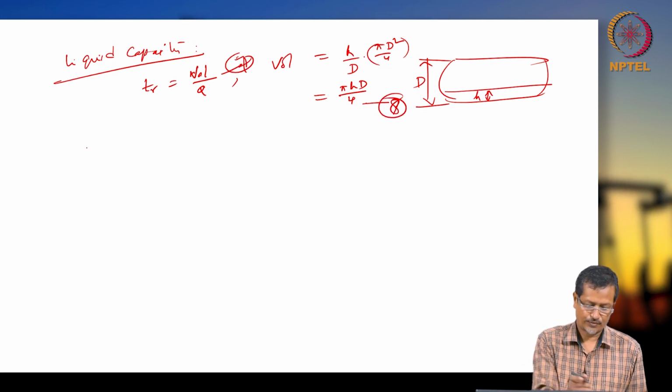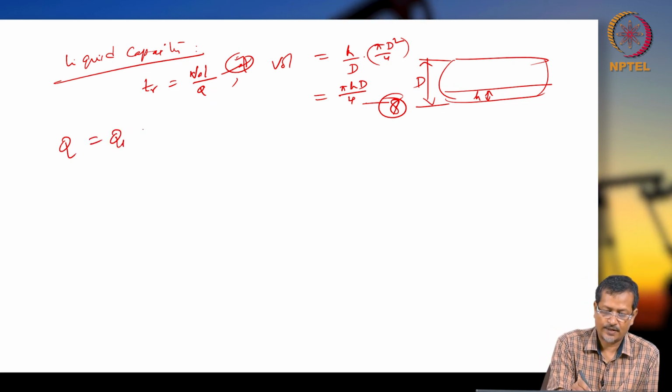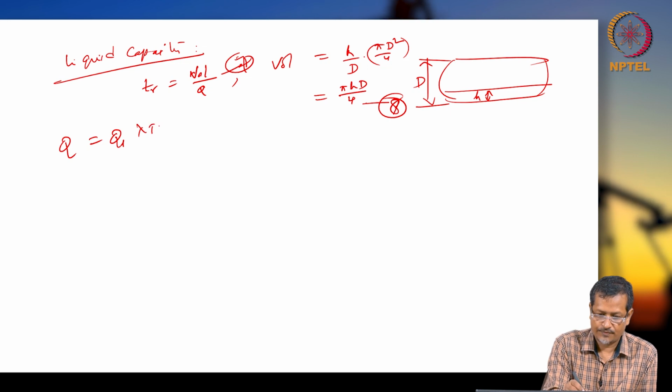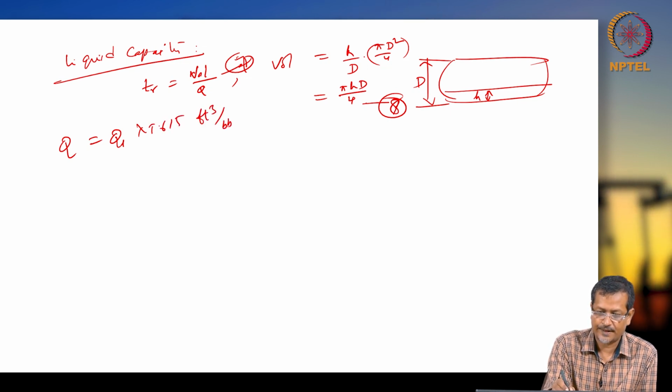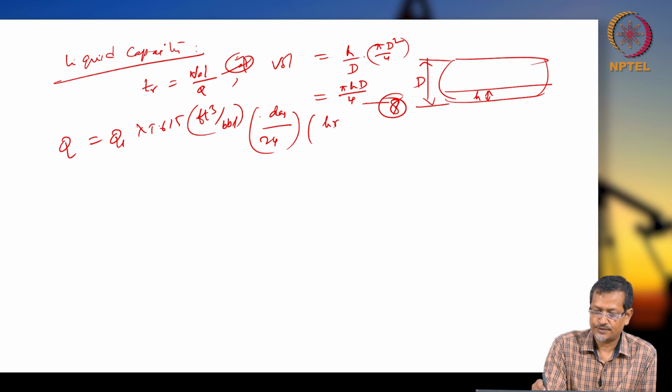Now Q, you can see Q equals QL into 5.615 cubic feet per barrel, day by 24, into hour by 3600.